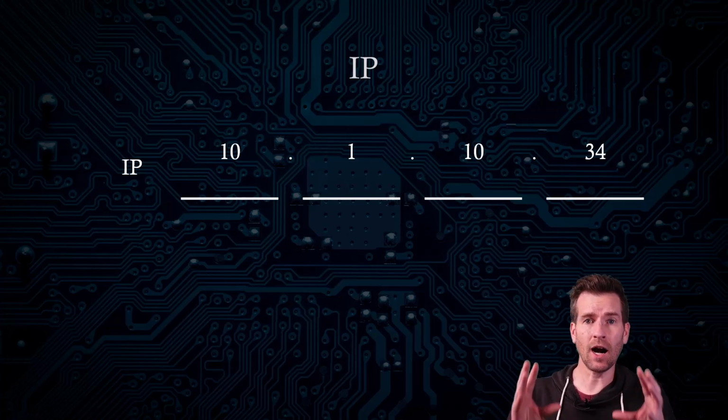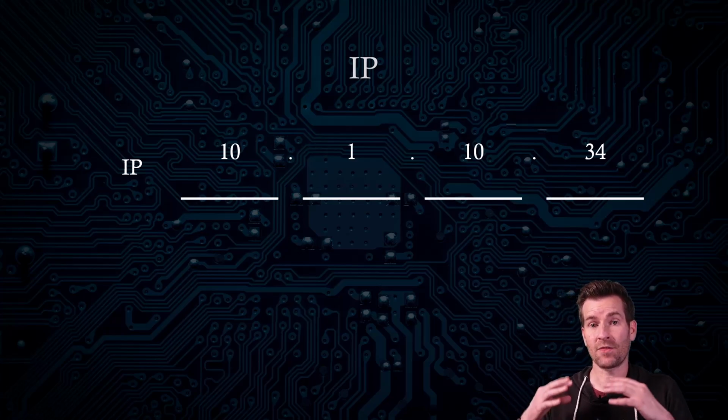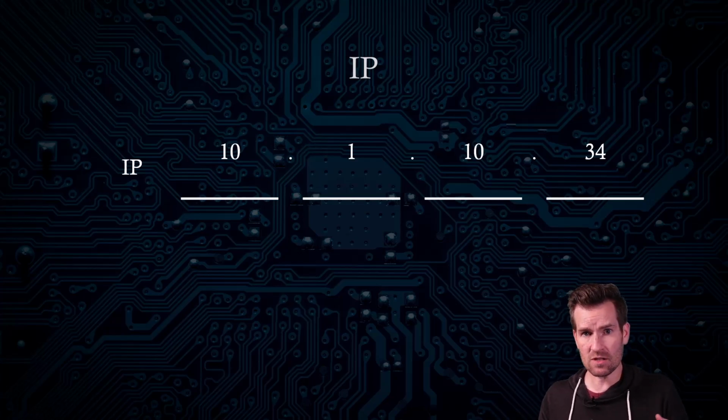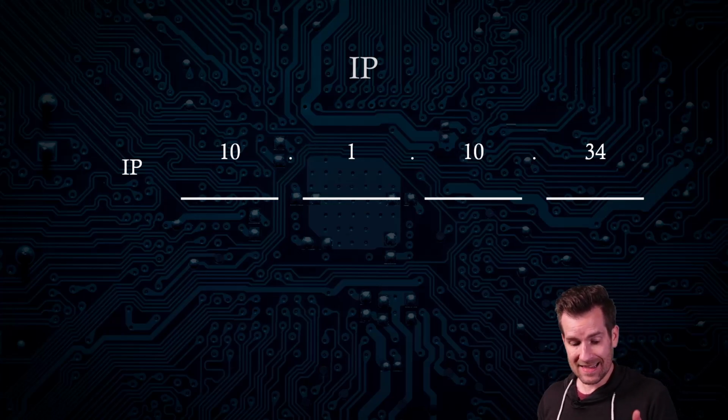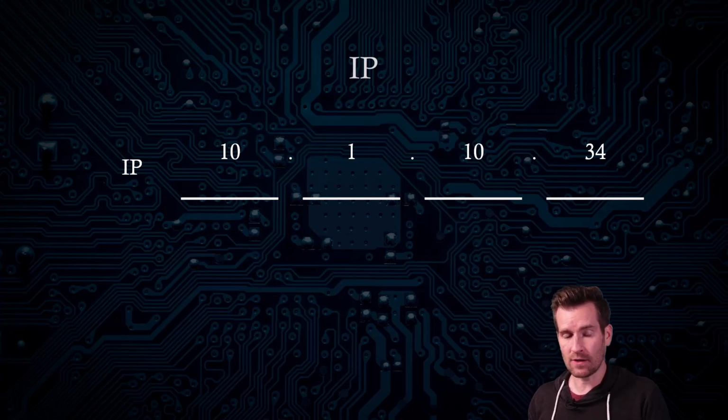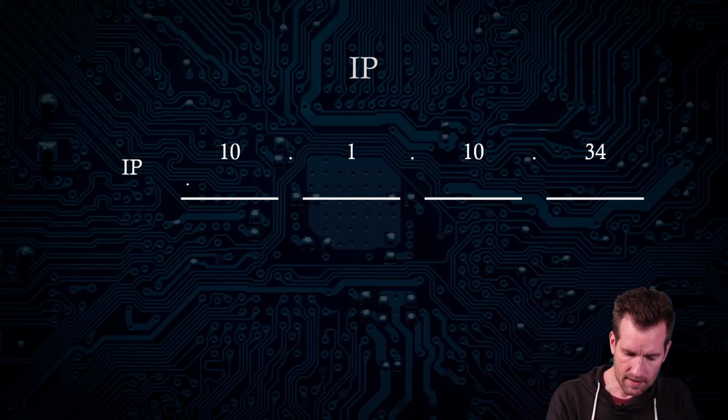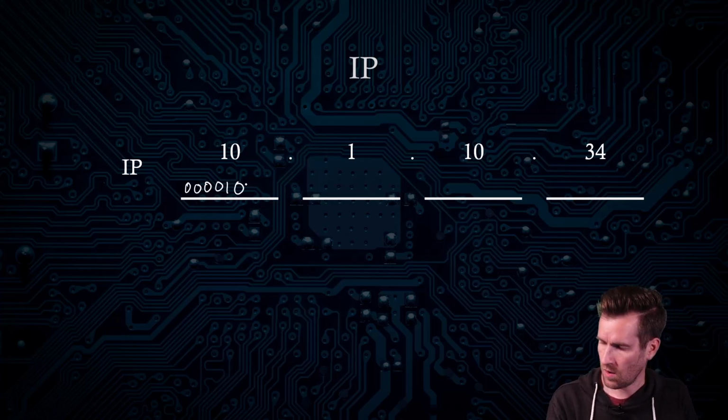Now we know that our IP version 4 addresses have 32 bits, and each of those bits is a 1 or a 0. And so if I were to represent 10.1.10.34, I would come up with 0, 0, 0, 0, 1, 0, 1, 0. And the next octet will be all zeros with the last one being a 1.